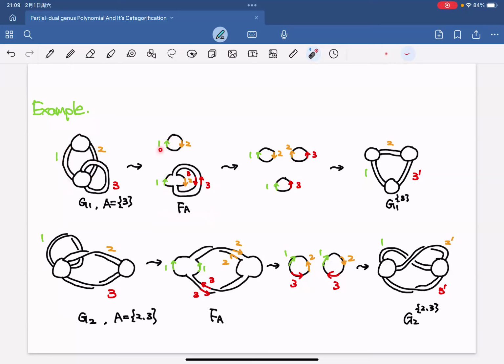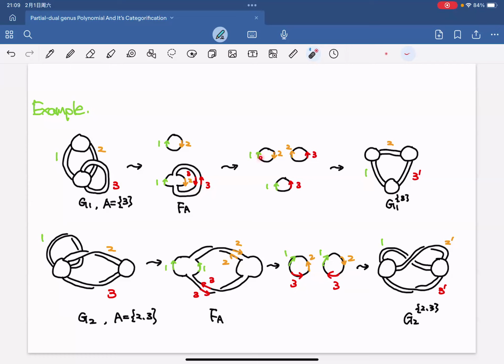So we have 1, 1 here and 2, 2 here. But for the third one, we should use these 2 arrows to denote where the new edge is glued. So here we have 3 boundaries. So it corresponds to 3 vertices of the new ribbon graph.